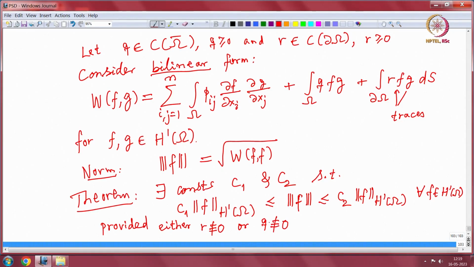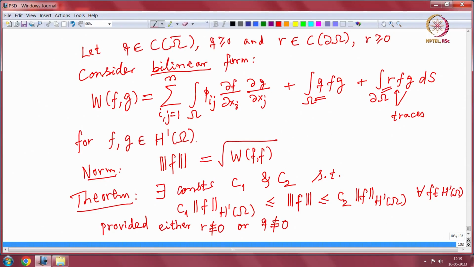Okay. So, remember, Q comes here and R comes here. So, we cannot take both of them simultaneously 0. Okay. So, this is an important result.